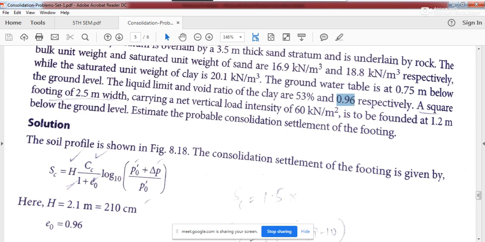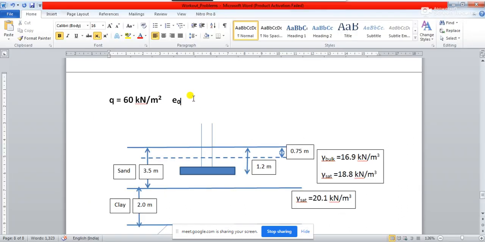So let us write e naught equal to 0.96. And what is the liquid limit, WL? How much is the liquid limit? 53%, absolutely correct. So it is 53%.